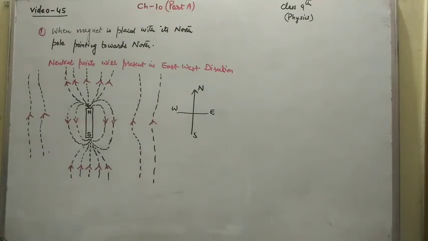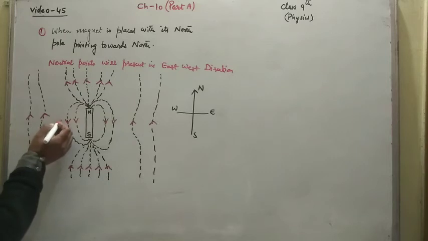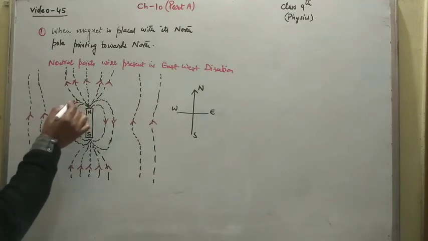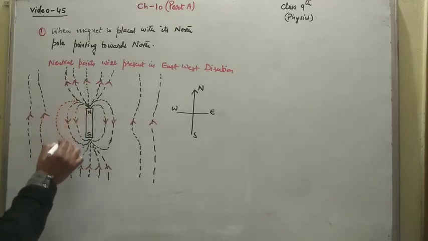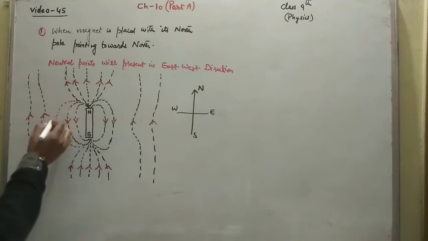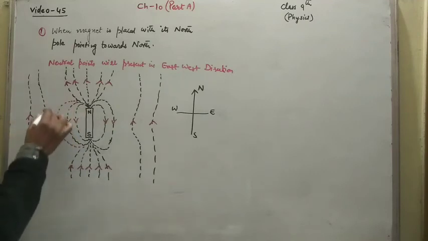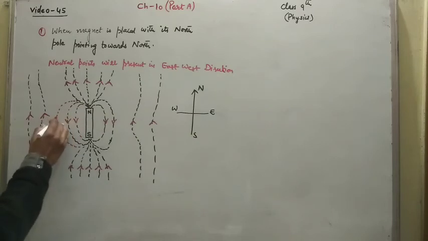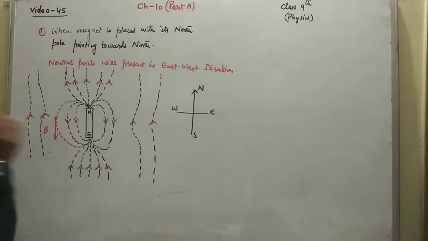Now here, if we try to get the magnetic field due to this bar magnet, suppose this is the point, or this is another magnetic field line. I am interested in getting the magnetic field at this point. The arrow is downward. I have to draw a tangent to get the magnetic field due to the bar magnet.